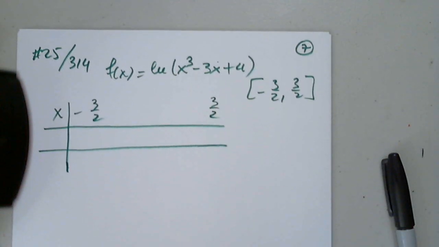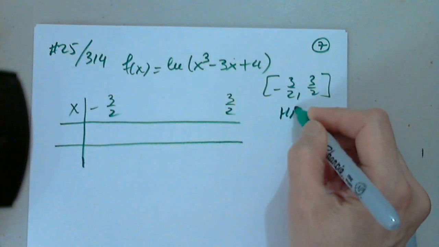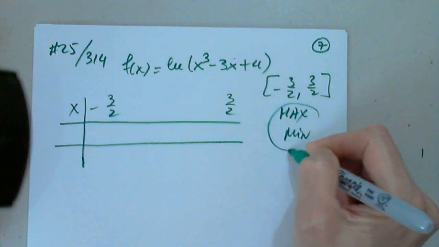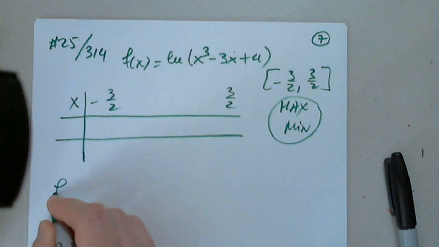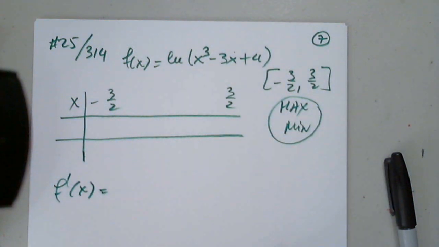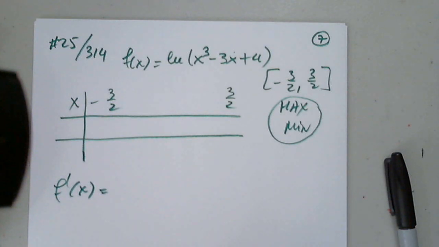Every time I'm asked to find max and min, what is your thought? First find the derivative and then set it equal to 0 or undefined. Excellent. We have to find the derivative and then critical numbers, and then we'll take it from there.